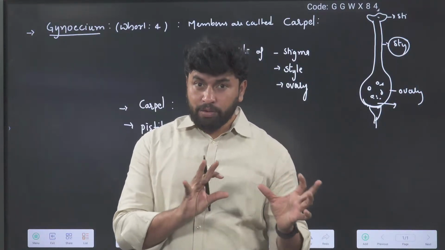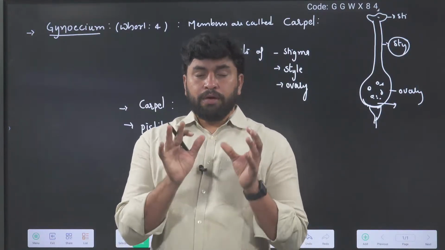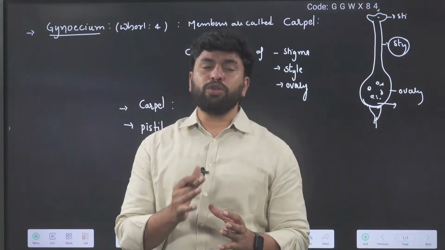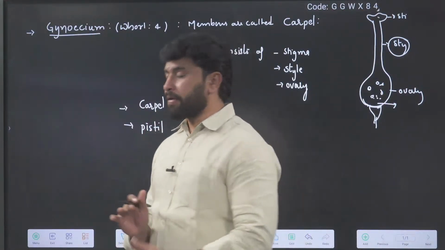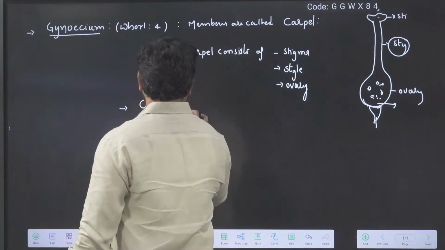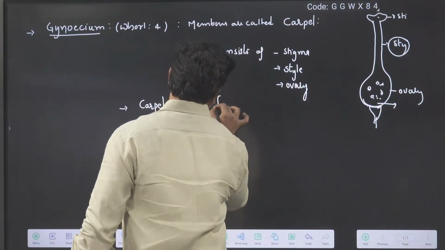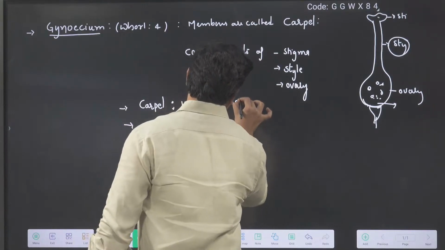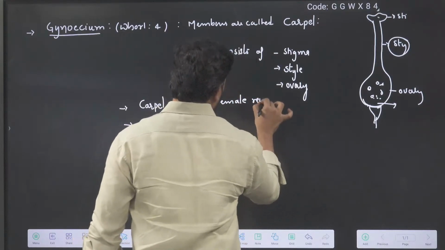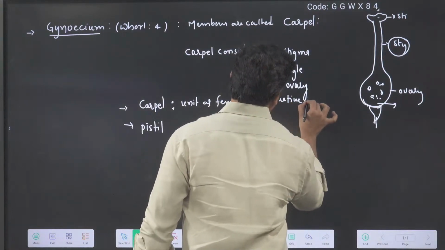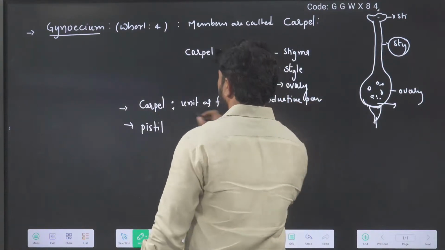Similarly, Gynoecium represents the female reproductive part. Each unit of the female reproductive part, we call it carpel.